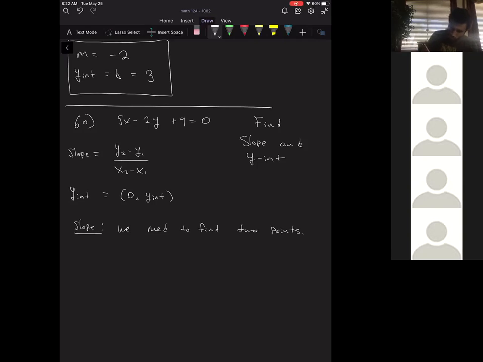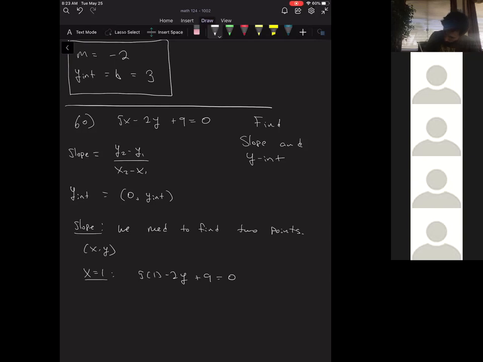And notice that a point on the line (x, y) is just any pair, an x and a y, that if we plug it into this equation, we do some things on this side and it gets us to be 0. So let's just let x be, say, 1, for example. What happens when x is equal to 1? Well, we have 5 times 1 minus 2y plus 9 is equal to 0.